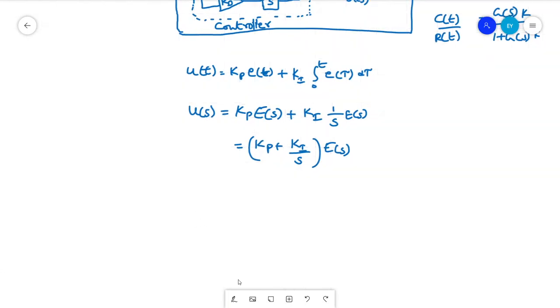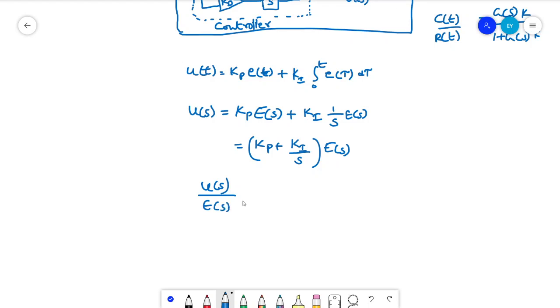So U of s by E of s is Kp plus Ki by s, which can also be written as Kp into s plus Ki, divided by s.